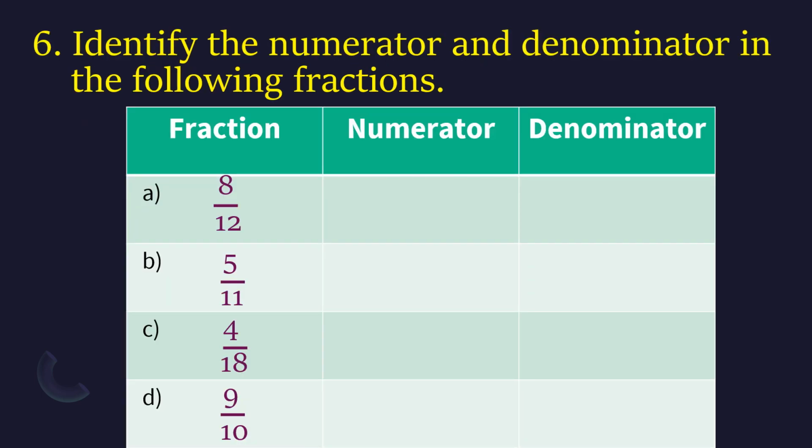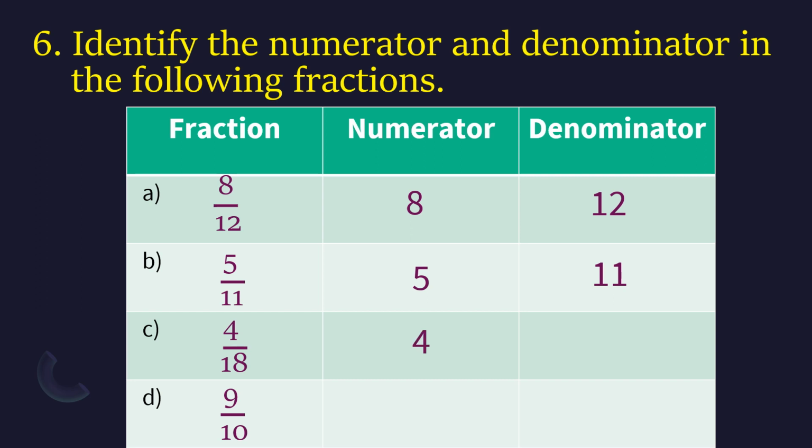Identify the numerator and denominator in the following fractions. In the first fraction 8 by 12, what is the numerator and what is the denominator? 8 is the numerator and 12 is the denominator. 12 is in the denominator, so 5 is in the numerator. 11 is in the denominator.